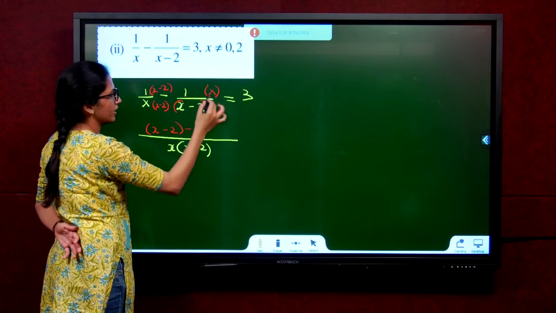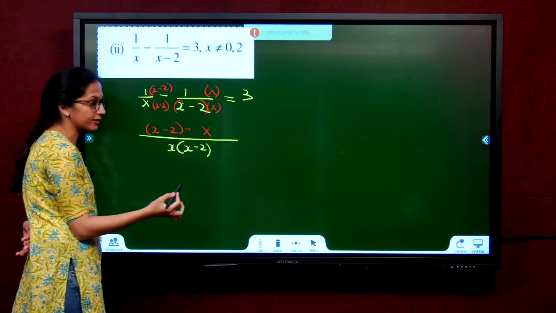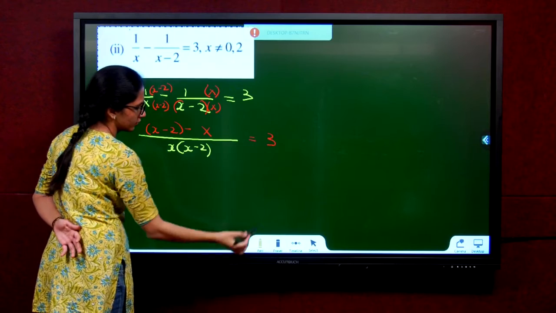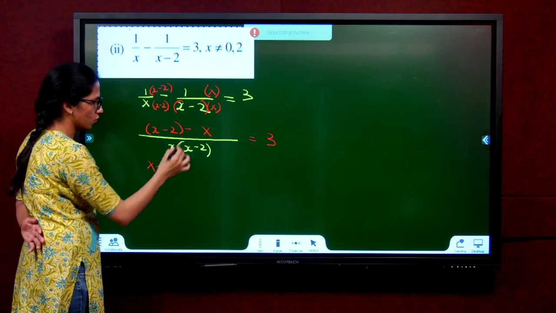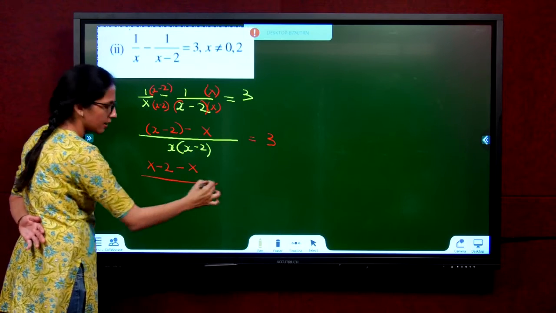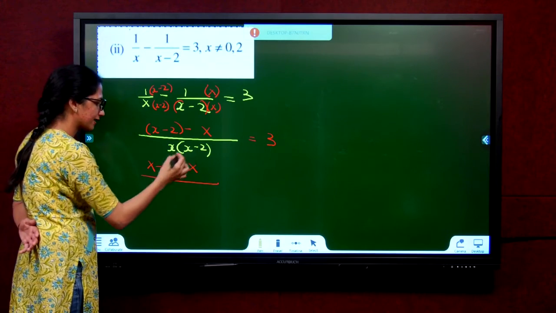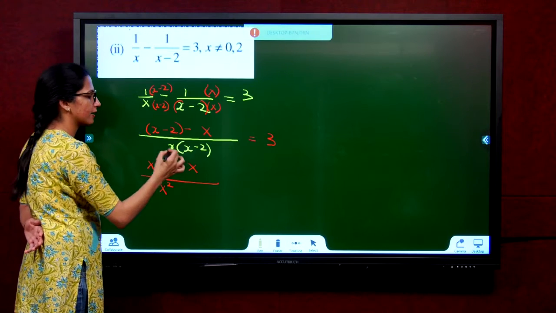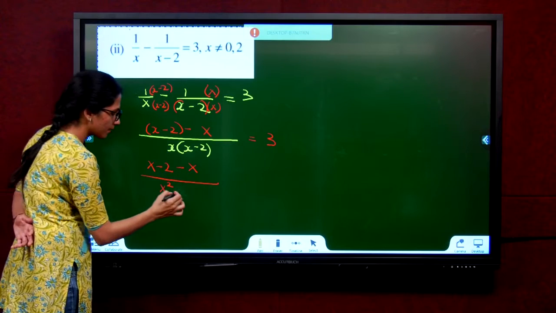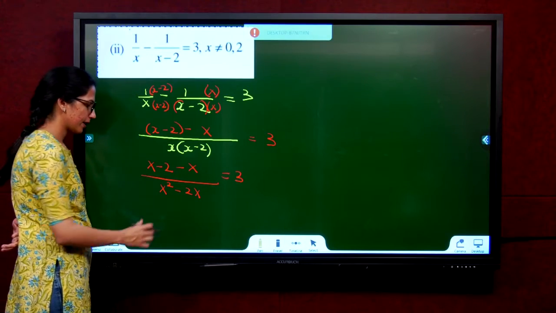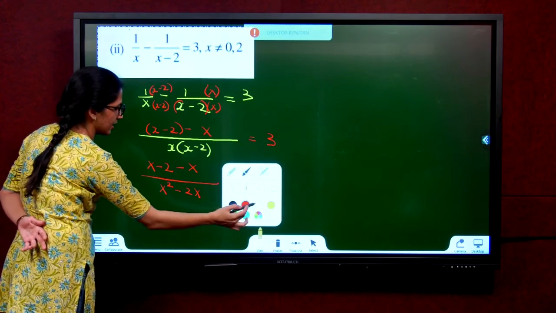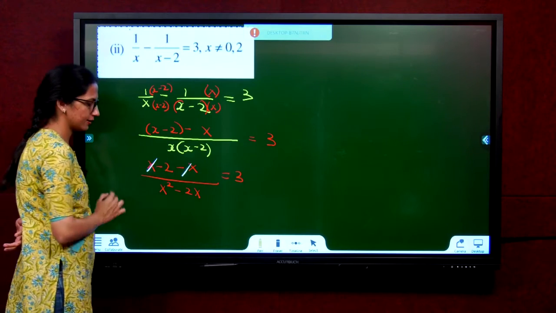So this becomes 1 into x, which is x itself, is equal to 3. Open brackets, x minus 2 minus x divided by x into x, x square. x minus 2 minus x on top, x square minus 2x below, is equal to 3. x and minus x cancel.